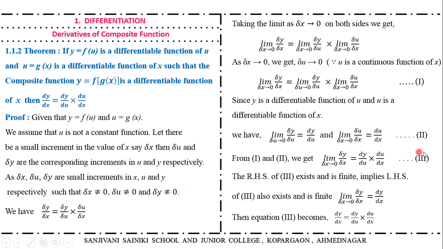Then equation 3 becomes, we put this value in equation 3, dy by dx is equal to dy by du into du by dx. So this is the chain rule we use to find the derivatives of a composite function.